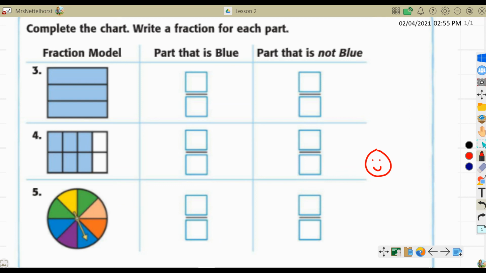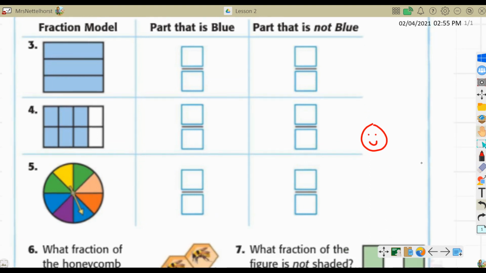Maybe I'm a little weird, but anyway, so on this chart, you're going to do this just like in the guided practice. Your first column is your fraction model. Your second column is the part that is blue. The third column is the part that is not blue. You will get a point for each of the blue squares that you complete correctly. Okay, if you have any questions, go back in the video and see how to do it.